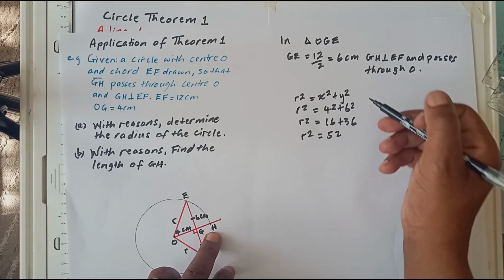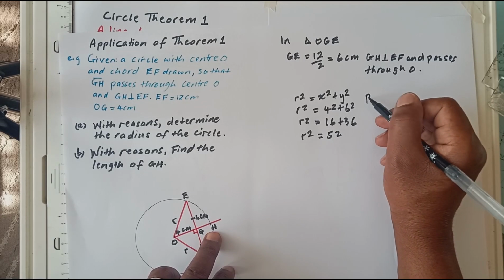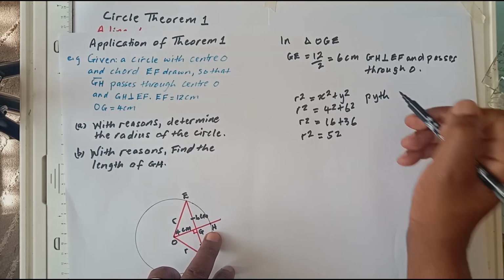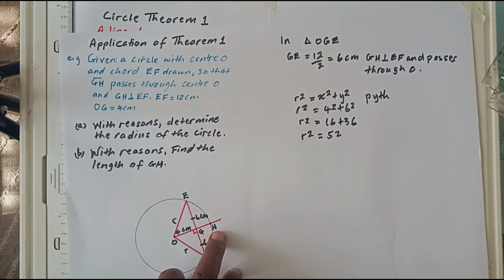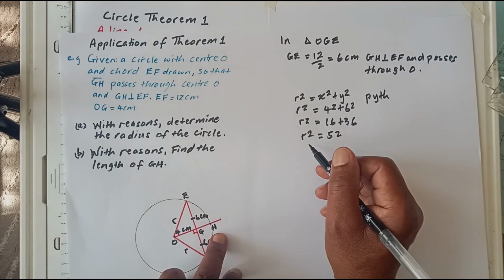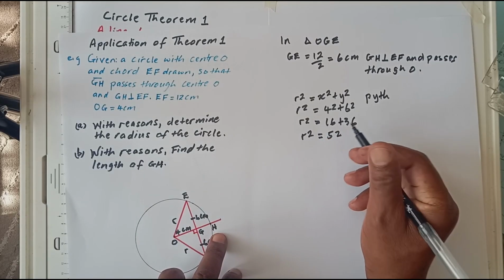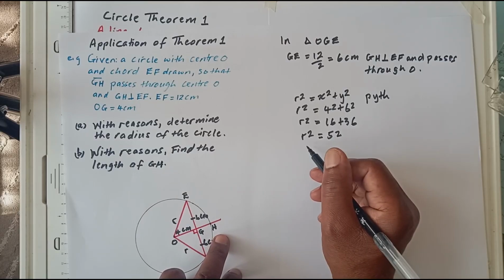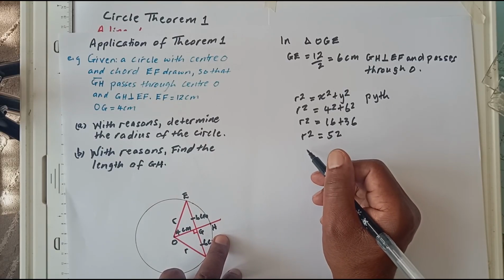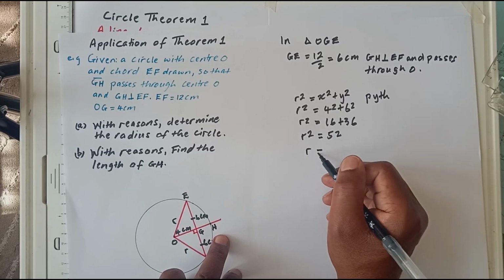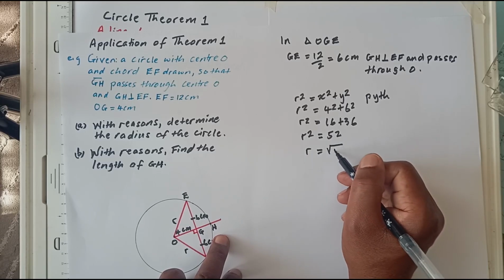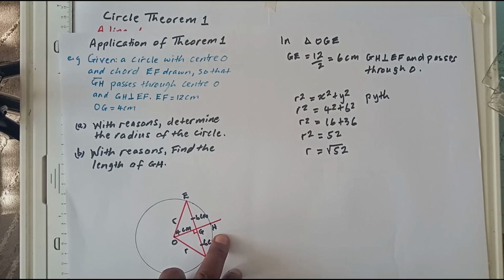r squared is equal to 52. We don't forget the reason here. The reason here is Pythagoras theorem. Now, this is a square on the left, r squared, and this is a square on the right, so we find the square root of each side. The square root of r squared is r, which is equal to the square root of 52.